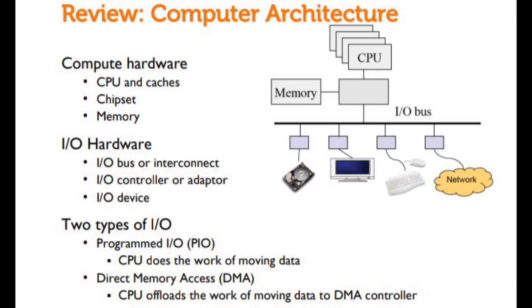There are two types of I/O: programmed I/O, where the CPU does the work of moving data, and the second one is direct memory access or DMA, where the CPU offloads the work of moving data to the DMA controller.